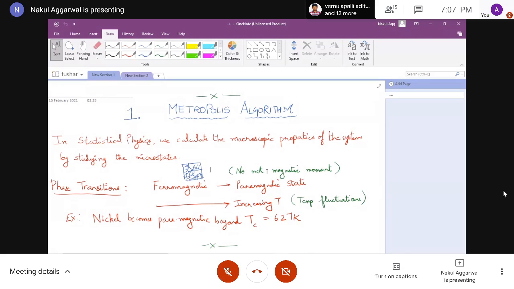There are a number of inspirations that have been drawn from physics as well as from nature. In statistical physics, generally, you have different microstates of a system. And then you always see that you have a system which is characterized by pressure and temperature.